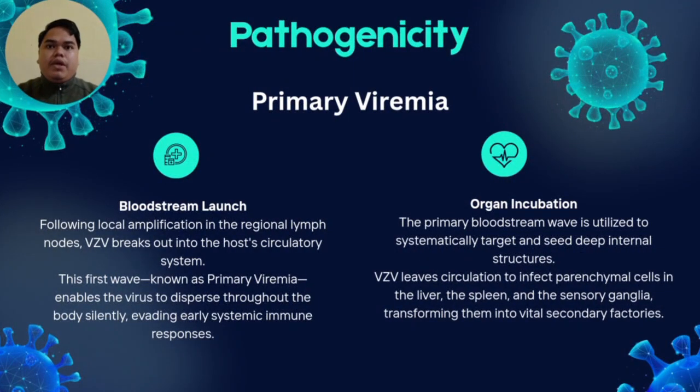Once the replication is enough, the virus launches a major tactical move, the primary viremia. The viremia simply means the virus has entered the bloodstream. VZV hitches a ride on the first wave, using our circulation system as a highway to spread silently through the body's internal organs.